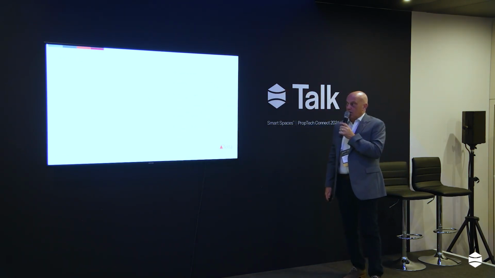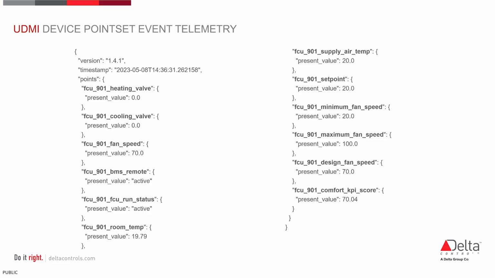That's what typically a payload would look like in MQTT. So this data structure is called JSON, JavaScript Object Notation, more techno babble. The key point there is, this is the ontology. So this is a name that I've given something, fan coil unit number 901, maximum fan speed, and the value that's coming out, so it's currently 100%.